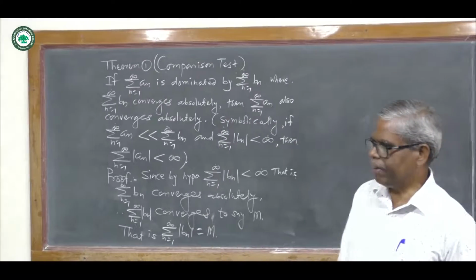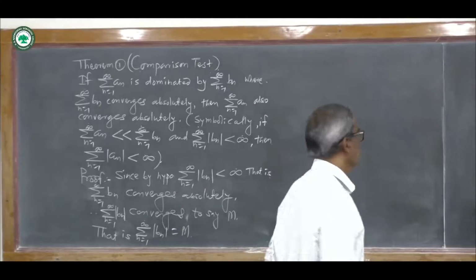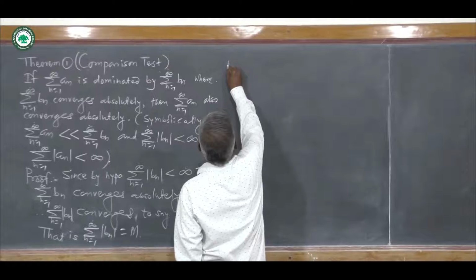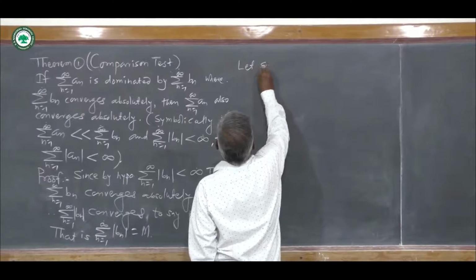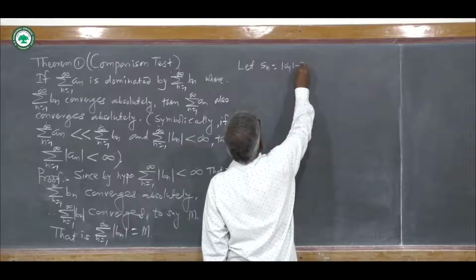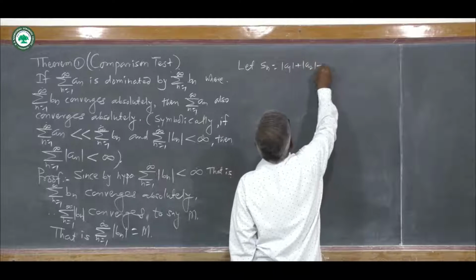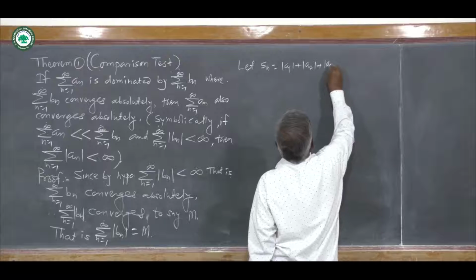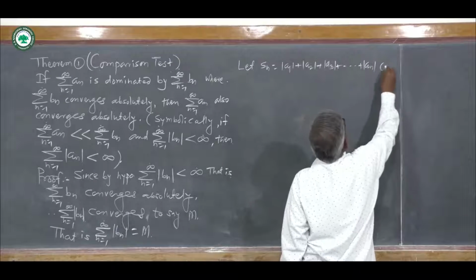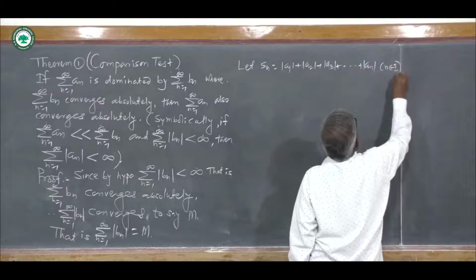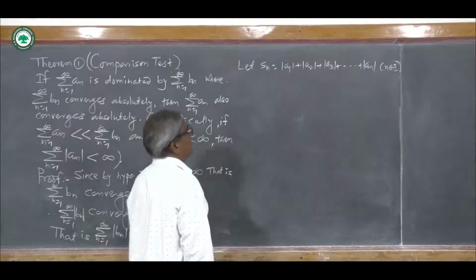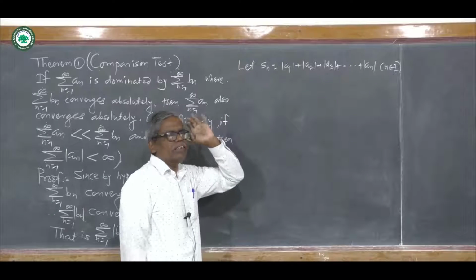Let Sn be equal to mod A1 plus mod A2 plus mod A3 plus and so on plus mod of An for every n belongs to I. That is, Sn is the nth partial sum of the series sigma mod An.